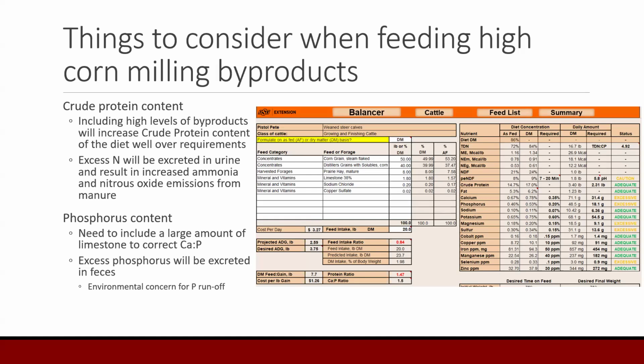Okay, we can meet our cattle's crude protein requirements in a finishing setting at about 12%. So we're way oversupplying crude protein relative to their needs. So that excess nitrogen they're consuming will be lost, excreted through urine.